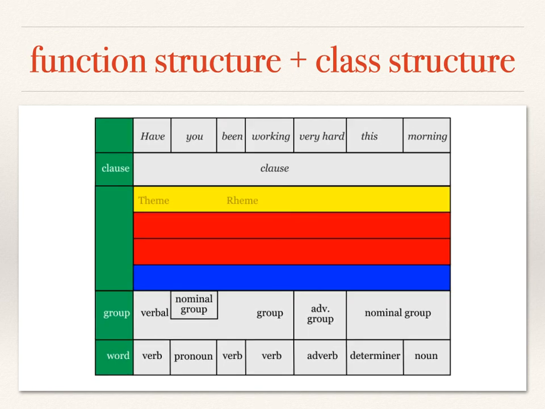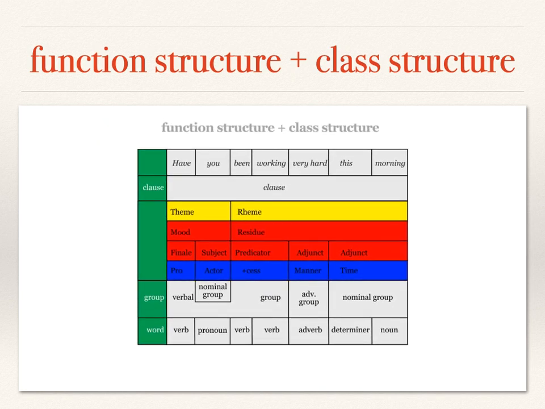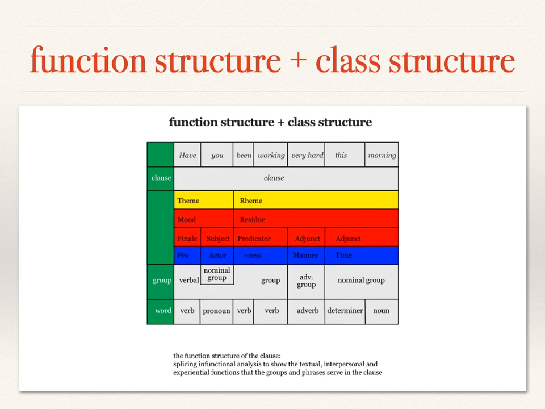Now we splice in the function structure and we get the three functional layers: textual, interpersonal and experiential. So the function structure of the clause means splicing into it a functional analysis to show how textual, interpersonal, experiential functions organize the groups and phrases that the clause consists of.